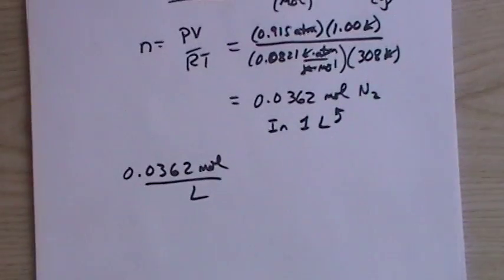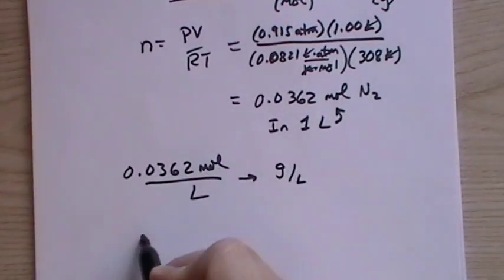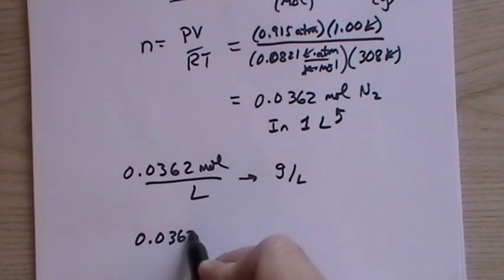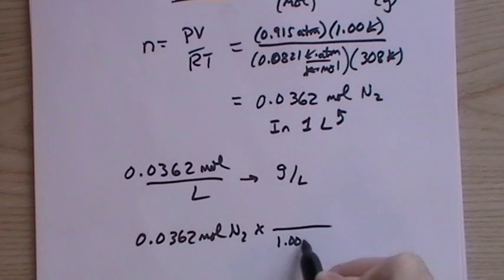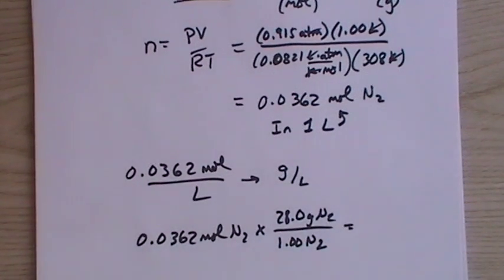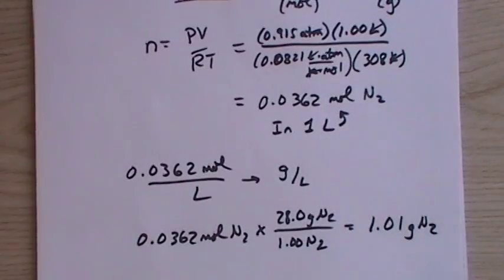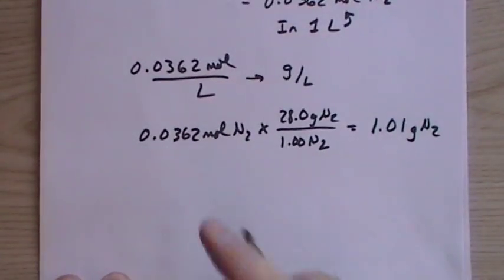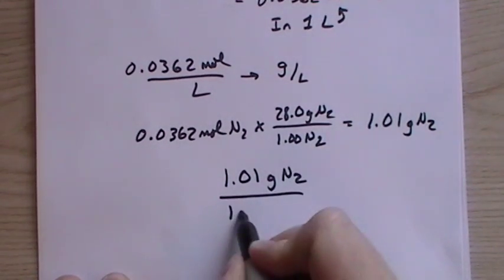That is definitely a concentration, but we want to convert to grams per liter. I'm just going to leave it as moles here for now. 1 mole of nitrogen is 28 grams, and I come up with 1.01 grams of nitrogen.